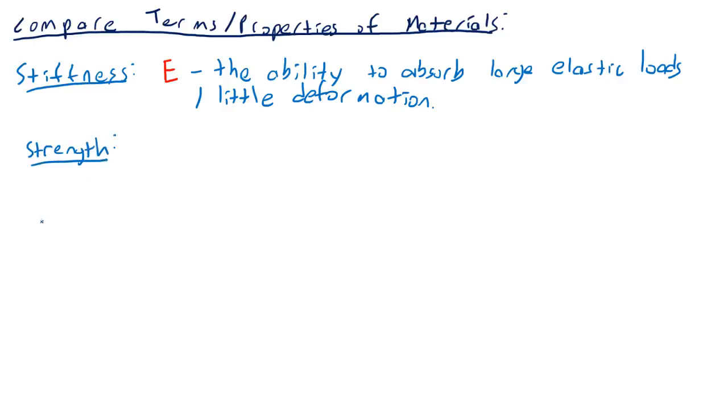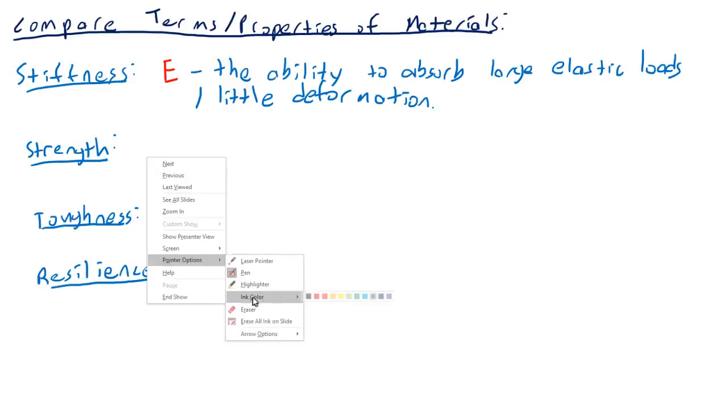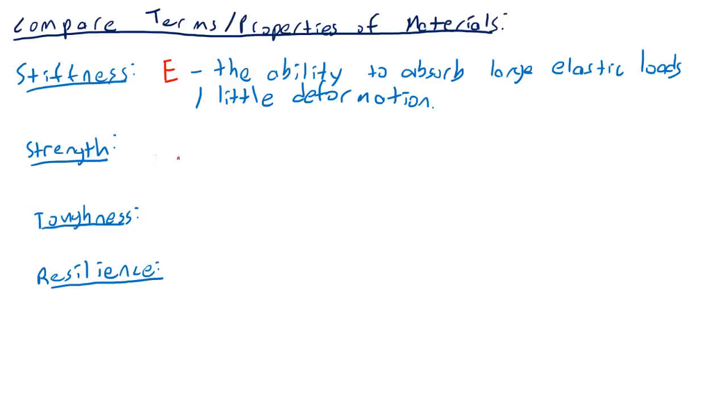Strength, toughness, and resilience. We have a few more of these to define, but I'll list those later. I just want to focus on these four first, because all of these, at least in layman's terms, are the same thing.